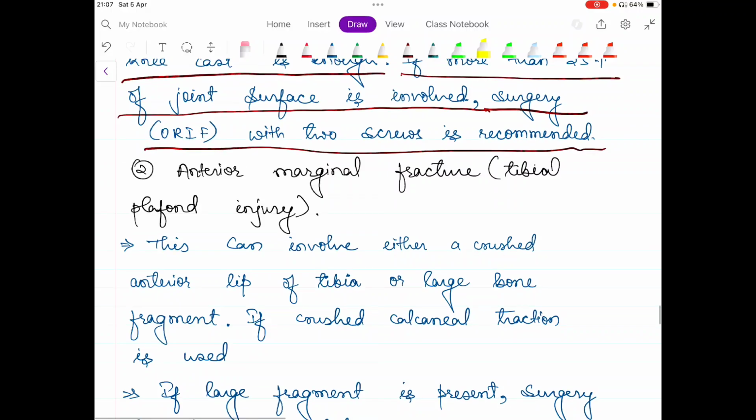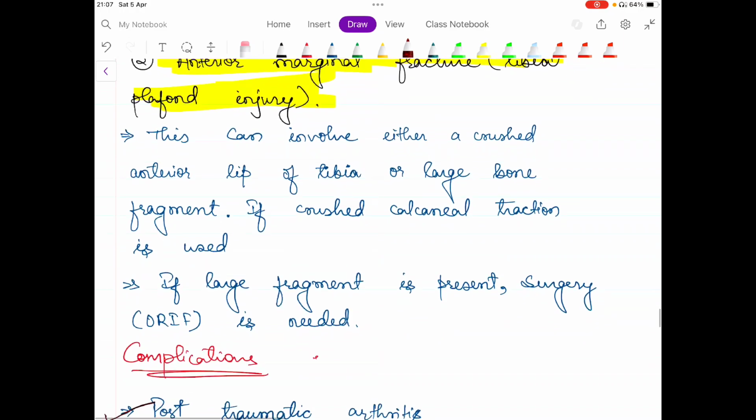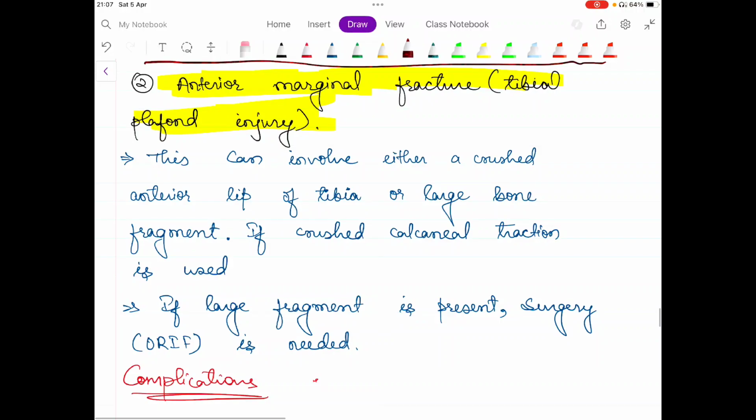The second case is anterior marginal fracture, or tibial plafond injury. In cases of anterior marginal fracture, it can involve either a crushed anterior lip of tibia or a large bone fragment.